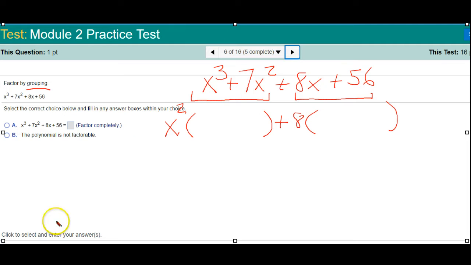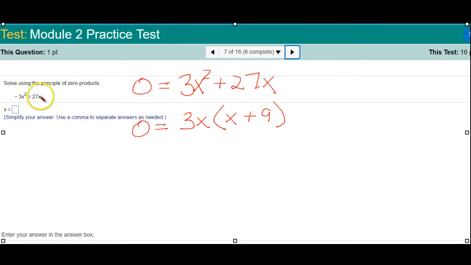This is a strategy. So for something like this, where we're going to find the zeros using the principle of the zero product, we have to put this in standard form, so I just move that over to the other side, and it just changes its sign.